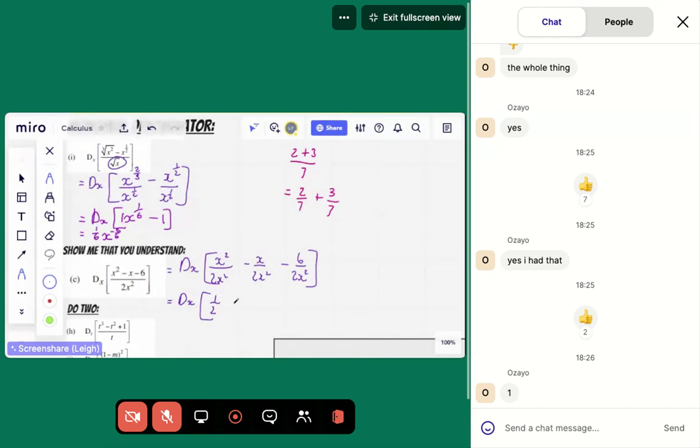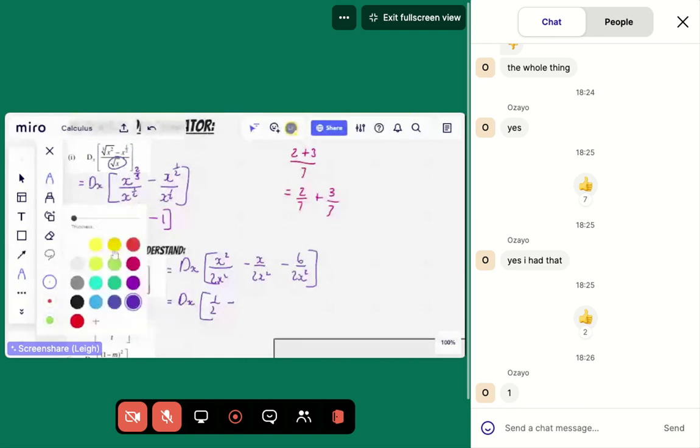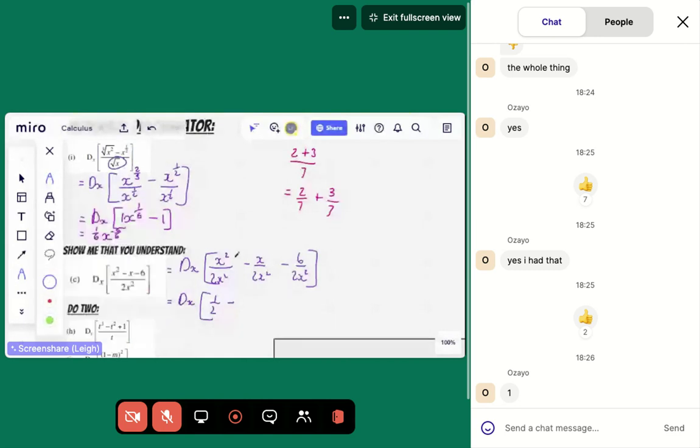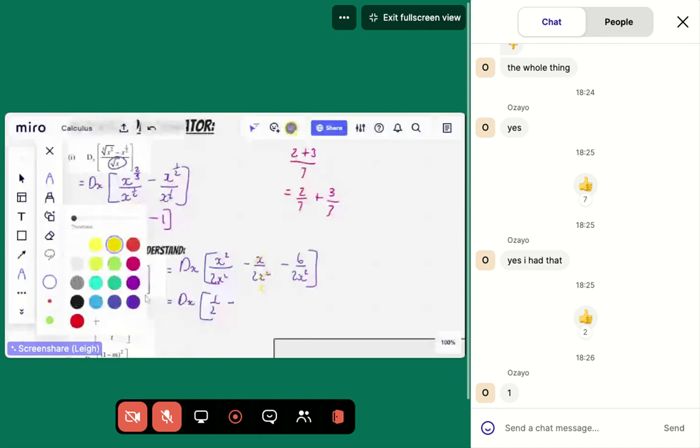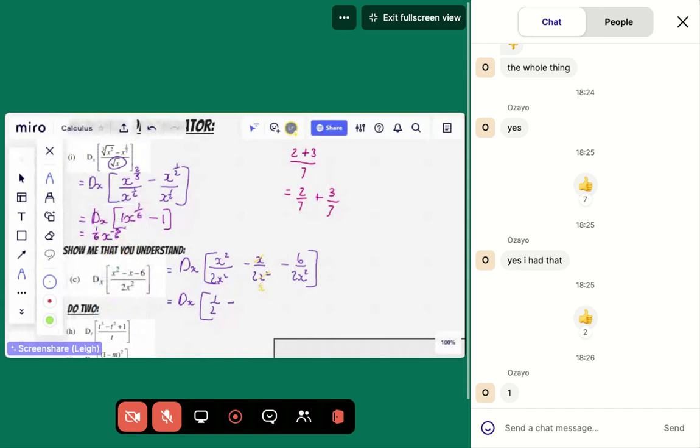Now let's concentrate on the second term, okay? What's going to happen here is that an x at the top is going to cancel with an x at the bottom, but there's still going to be an x left over at the bottom. Oh, I think the yellow is not a nice color for me to use. Let's choose green. Can you see that there is an x left over at the bottom?